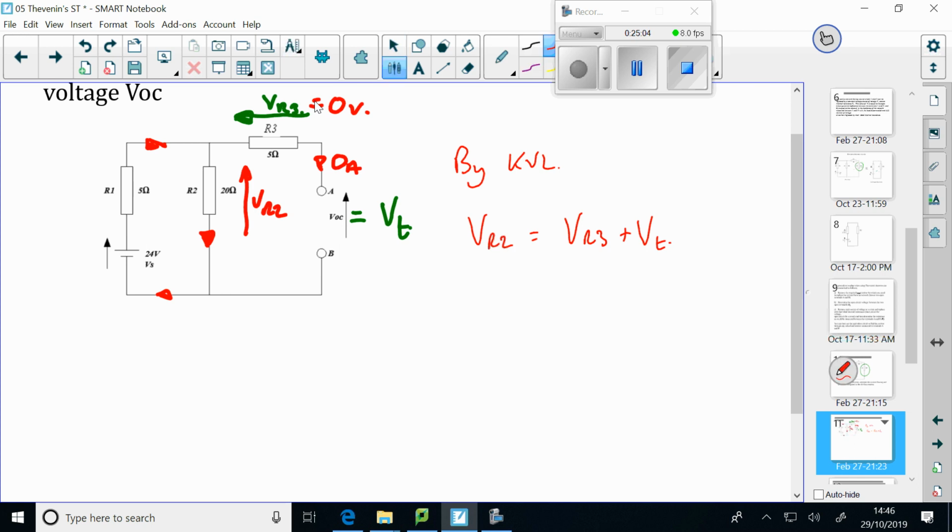So we're interested in V Thevenin, and that is equal to VR2 minus VR3, which is nothing. So it's equal to VR2 minus nothing. So if we can find VR2, we've effectively found V Thevenin, is what I'm trying to show you. Because there's no volt drop across that resistor because there's no current flowing through it.